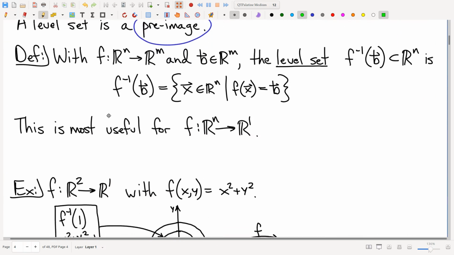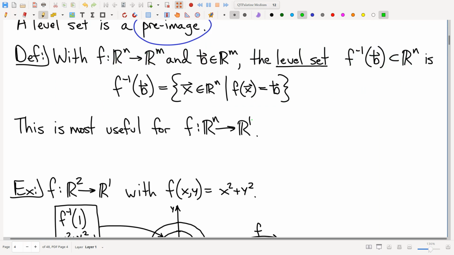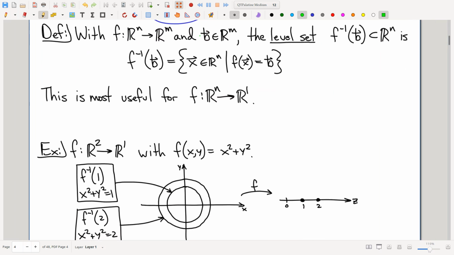So again, a bunch of symbols describing what we mean by a level set. I think it's easiest to go through this by example. So let's look at this specific example down here. I'm going to pick a certain output value, 1.